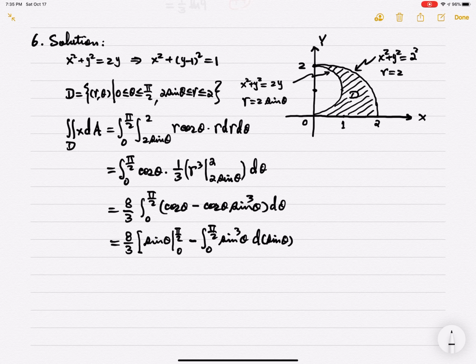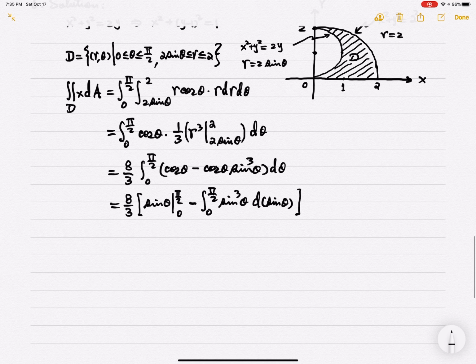Again, it's an implicit substitution. So this is equal to 1/3 times 1 minus, and this one is equal to 1/4, sine fourth theta, plug in pi over 2 and 0.